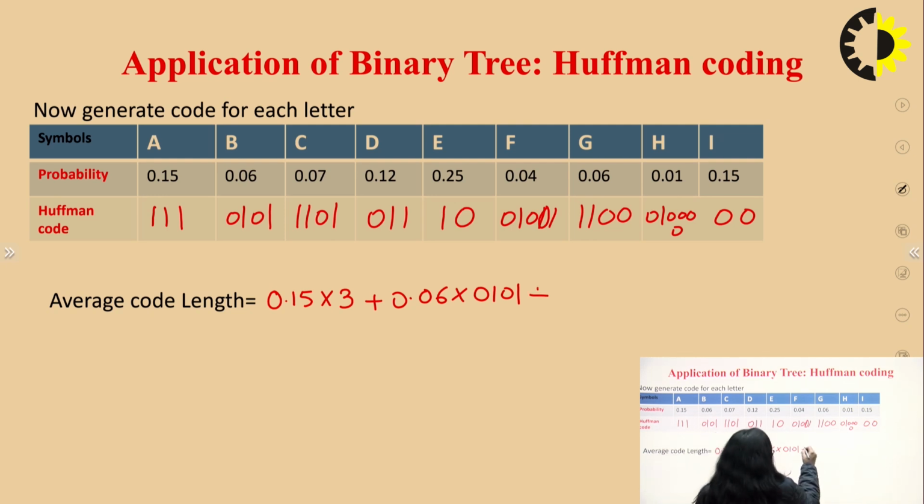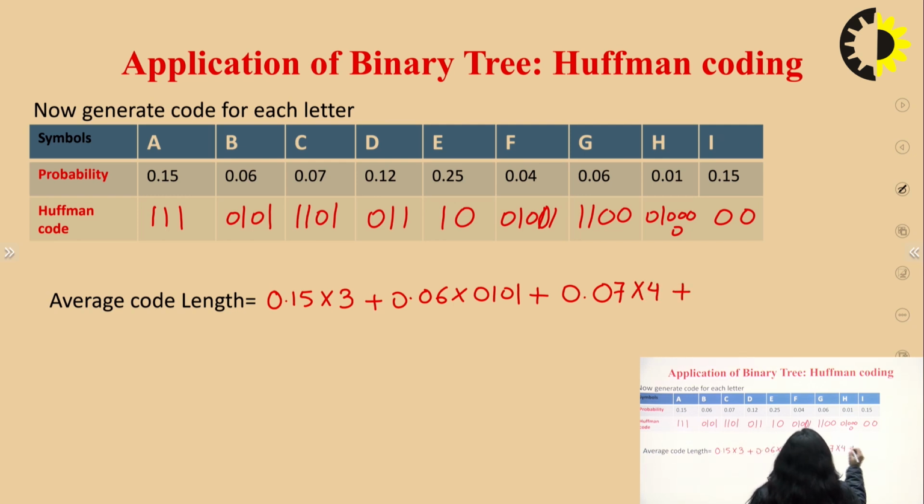Then again plus 0.07 into 4 plus 0.12 into 3, right?